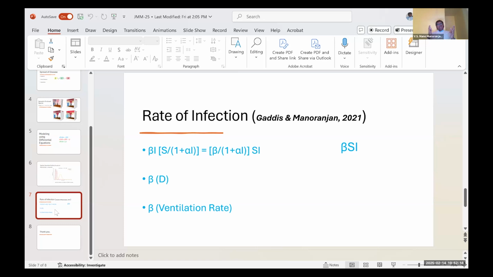So I asked a question in the class: why do we need to study this? What's the point of studying this mathematical model? Just for the fun of it, or does it have any realistic implications, and can we make any decision based on the model? Then they will start to think.